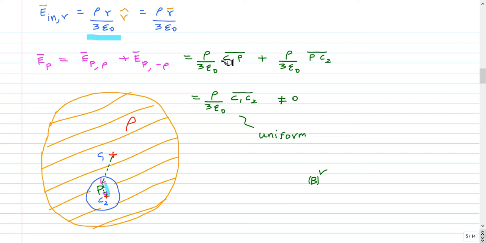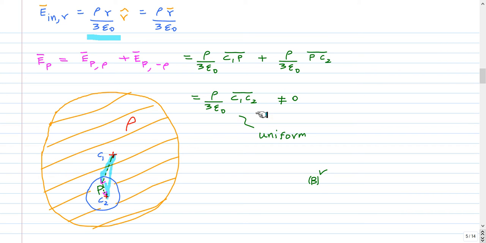So now we have to add the vectors C1P and PC2. So C1P is this vector plus PC2. So the resultant will be this vector, which is joining the centers of the two spheres. So it is C1C2.